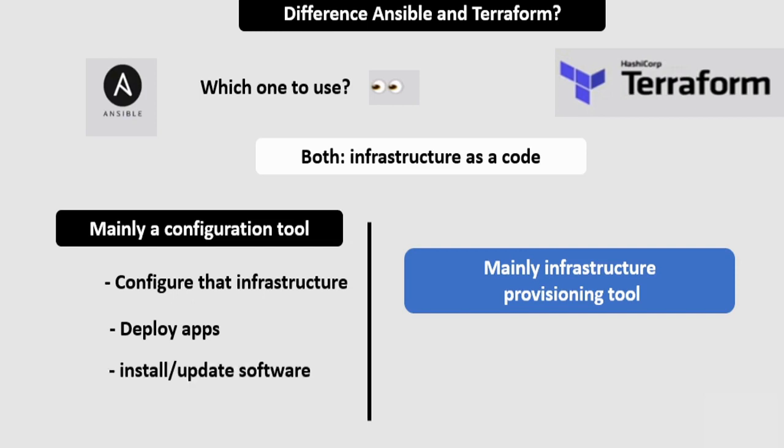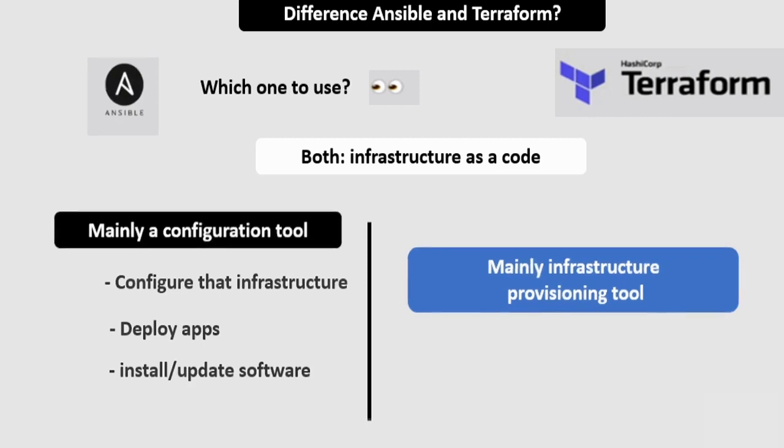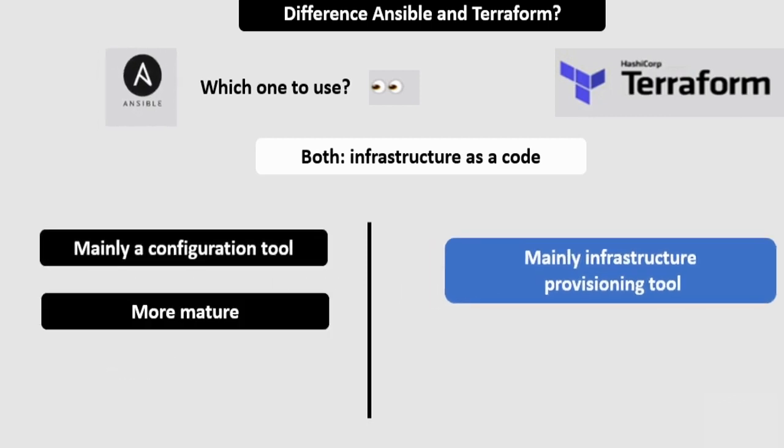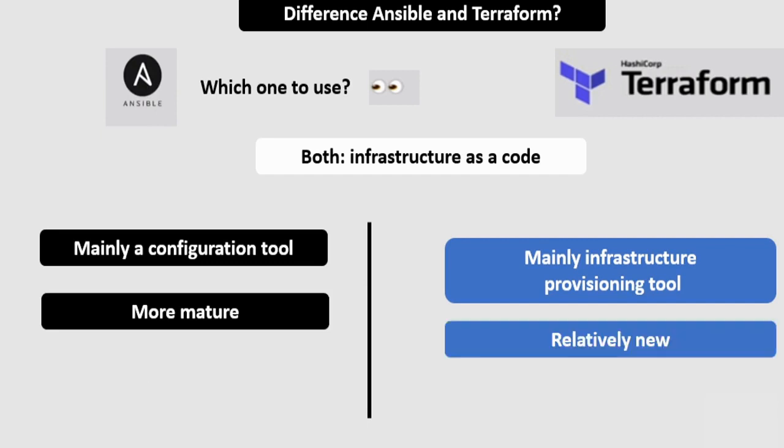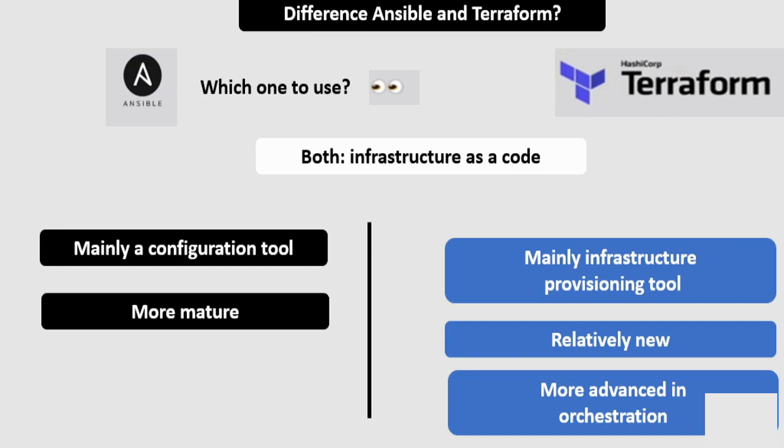So as you see, there is an overlap of what each tool does, and this creates confusion. Other differences to consider in terms of these overlaps are that Ansible is more mature and Terraform is relatively new, and because of that is also changing dynamically. And Terraform is much more advanced in orchestration.